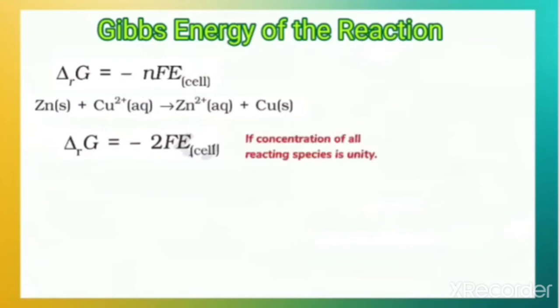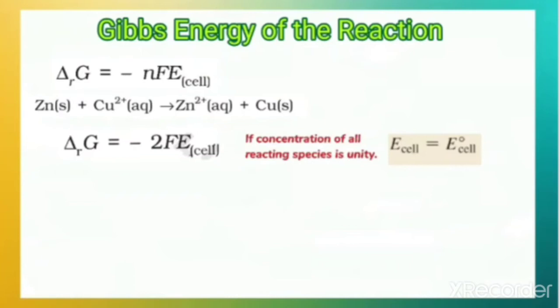Now if the concentration of all the reacting species is unity, that is 1 molar concentration of zinc ion and copper ion, then we can say that E cell is equal to E naught cell. That is the standard condition.